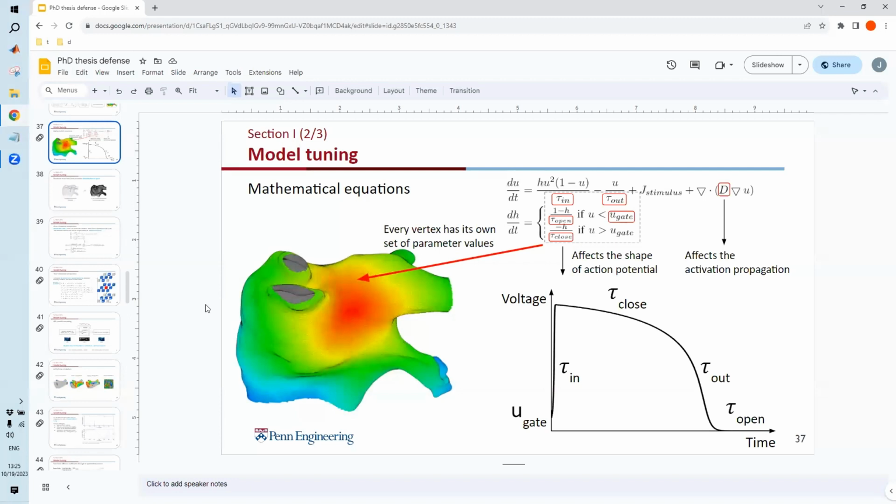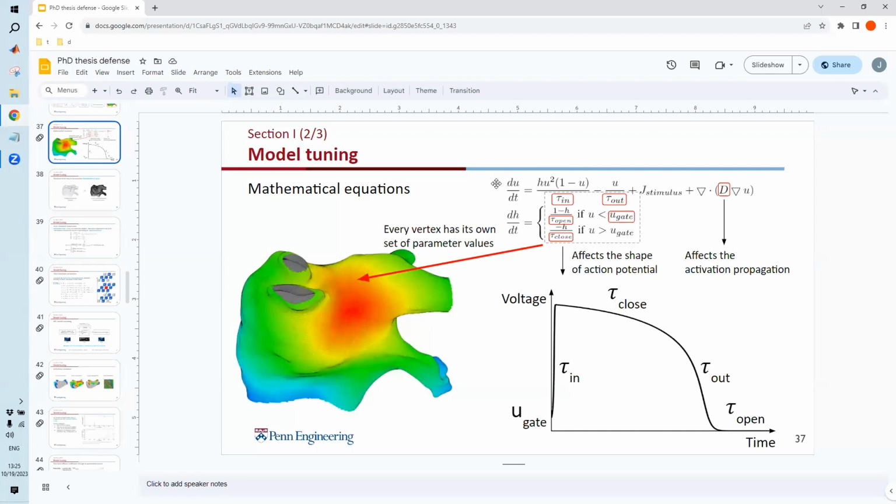Now, for this model, are the parameters of the model pre-specified? Are they learned? As you just said, they change from patient to patient and region to region. So what did you do about the parameters? What we do here is test a bunch of simulations, and then we have typical physiological heart behavior, like what physicians typically see.